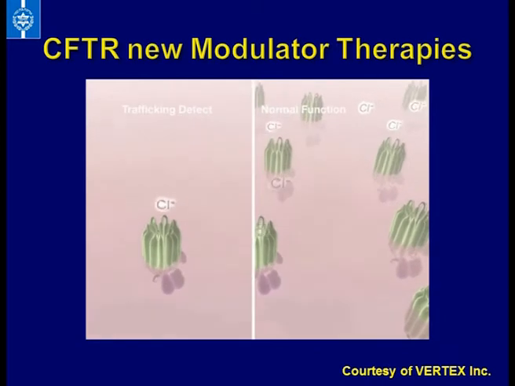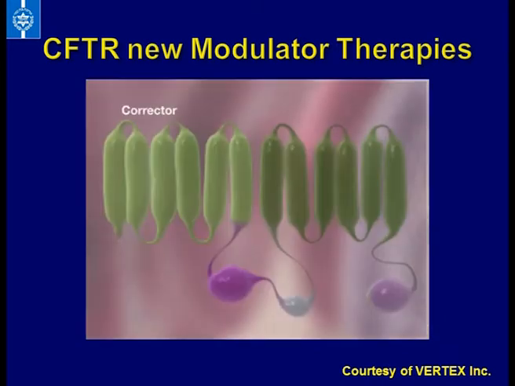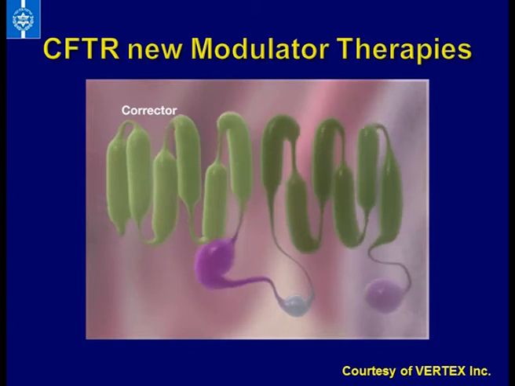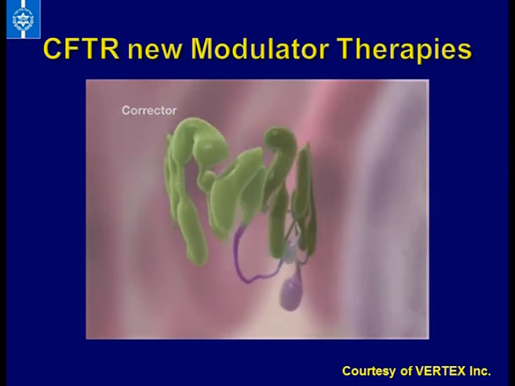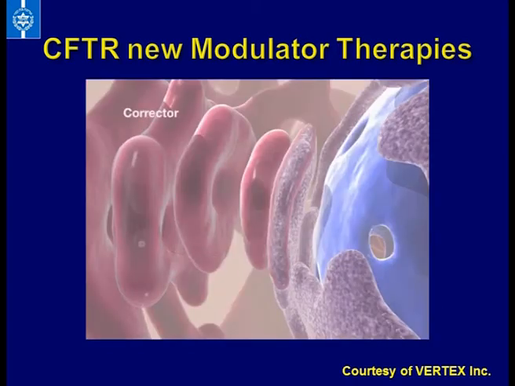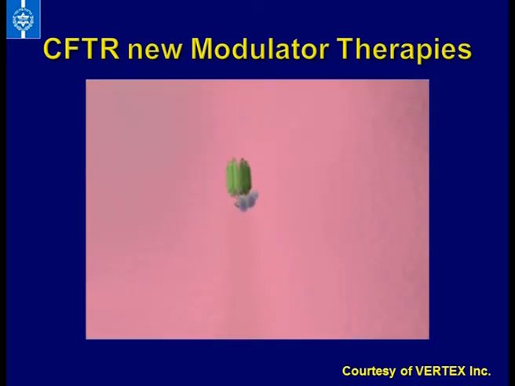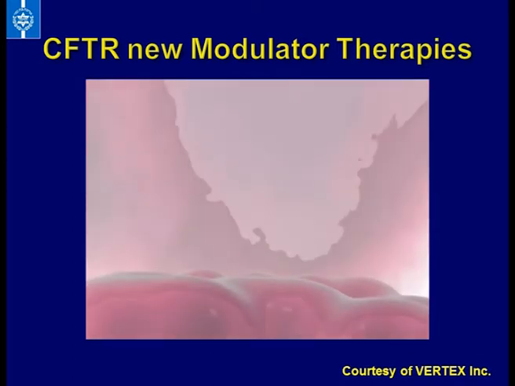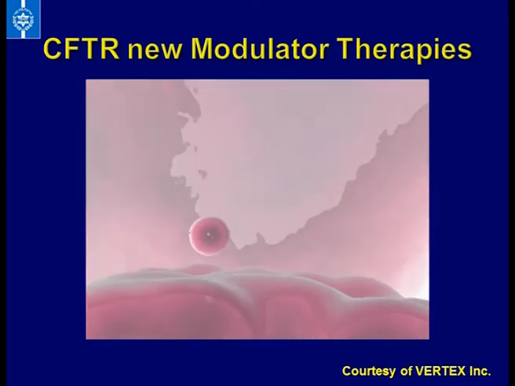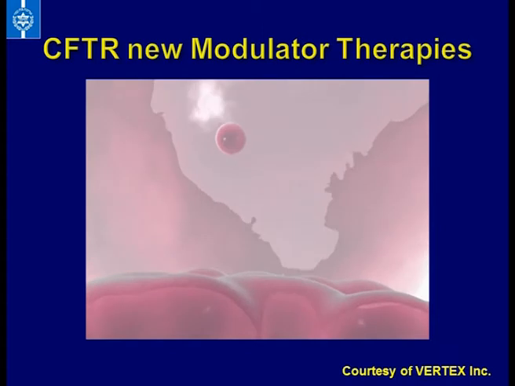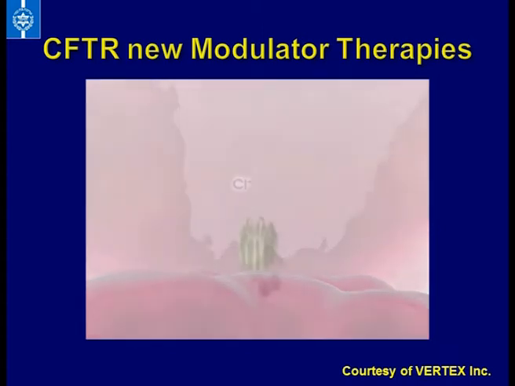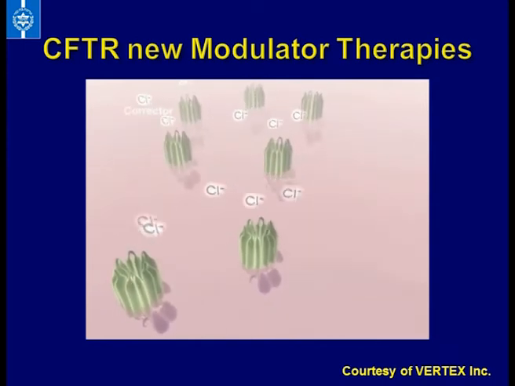Investigational agents called CFTR correctors promote folding of CFTR, resulting in its exit from the endoplasmic reticulum and transport to the cell surface. At the cell surface, CFTR may then be able to transport chloride to the airway lumen.